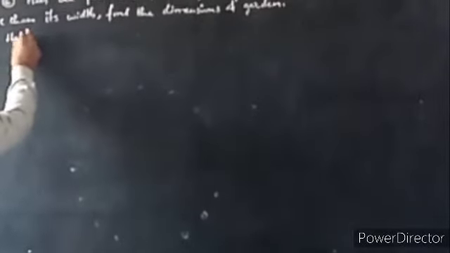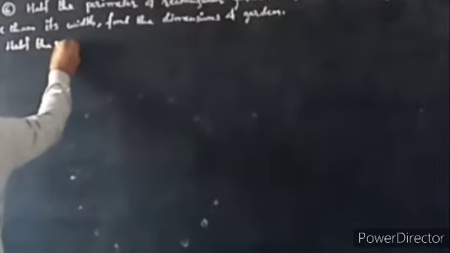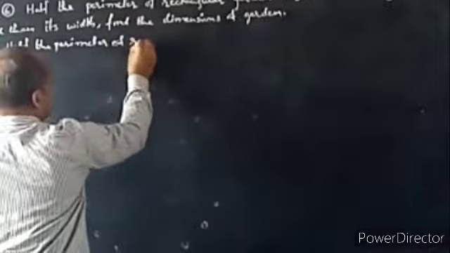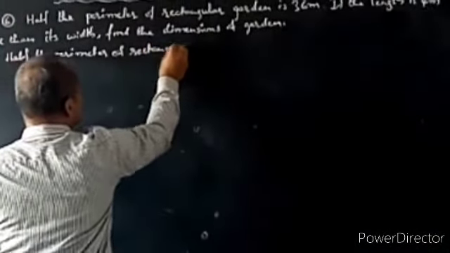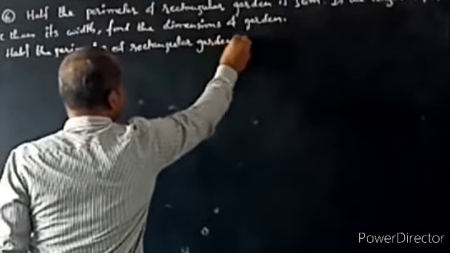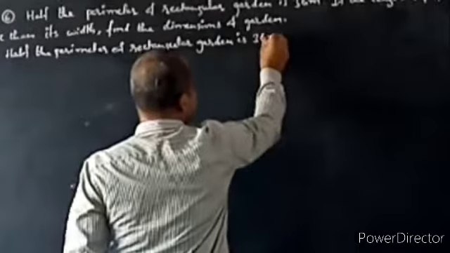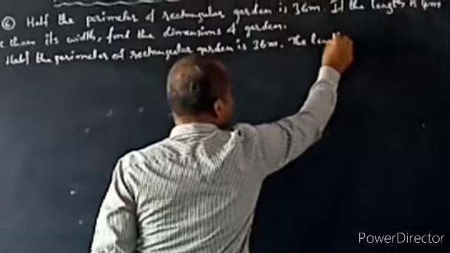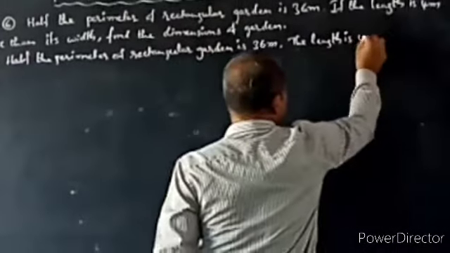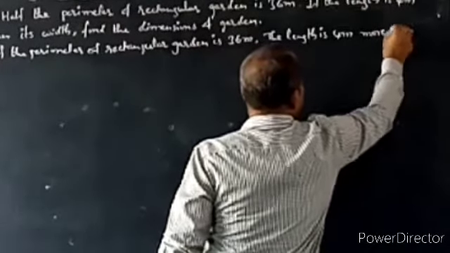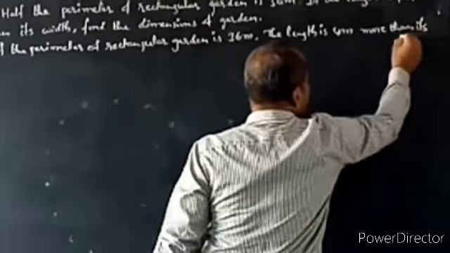First, what is given? The question asked is: half the perimeter of the rectangular garden is 36 meters and the length is 4 meters more than its width.